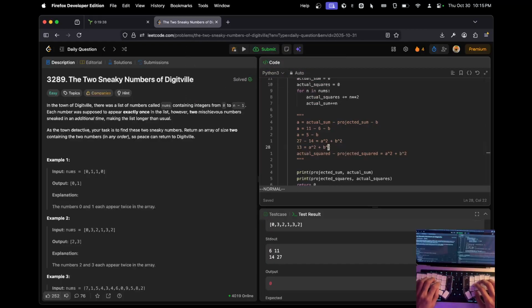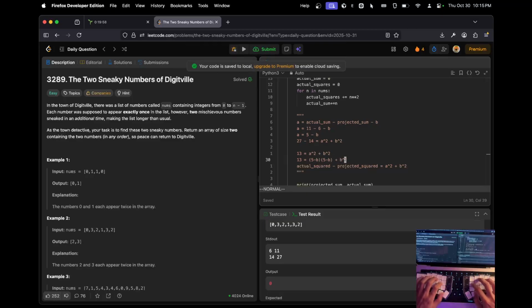So you can plug this in right here. 13 is equal to, gosh, what is that? You gotta FOIL this. 5 minus B squared. Just means that 13 is equal to 25 minus 2B plus B squared.